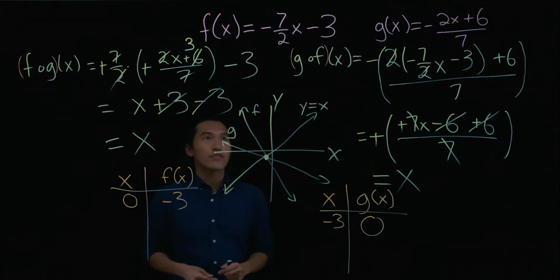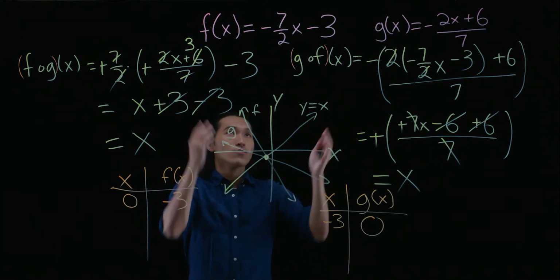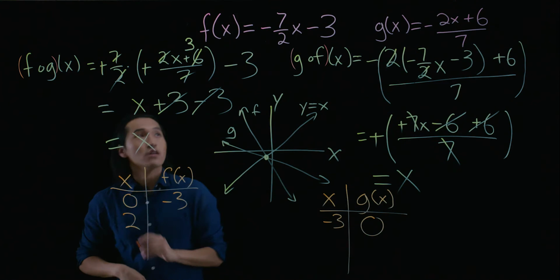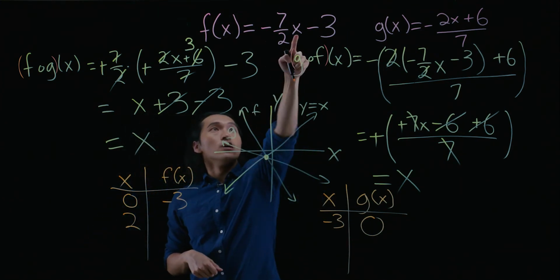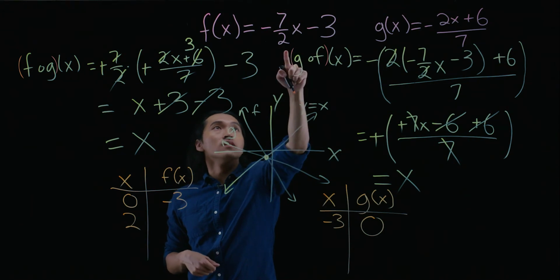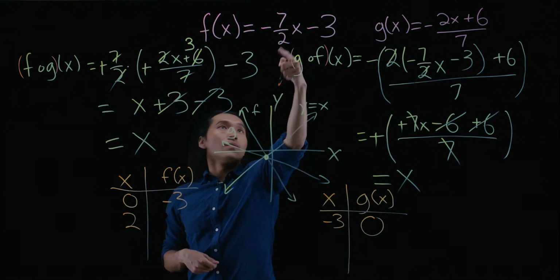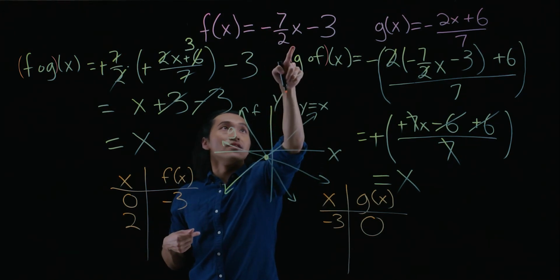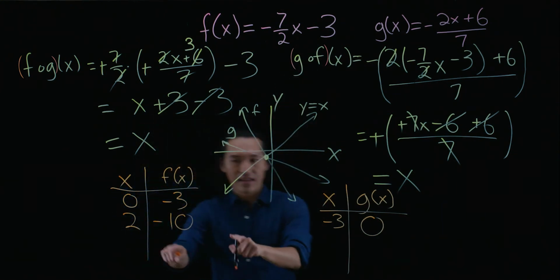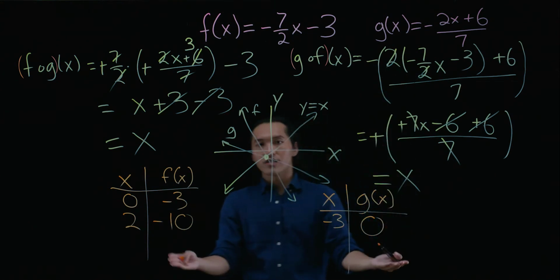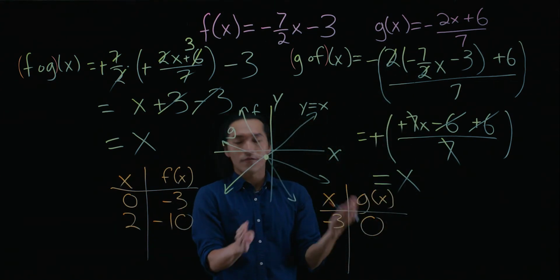And we could do this with a number of examples. We can plug in, let's say, a 2. If I plug in a 2 here, we get 2 in for x. We do 2 divided by 2. That's 1. 7 divided by 1 is negative 7. Negative 7 minus 3 gives us negative 10. So that means the same thing should happen here, but the flip-flop, the inverse, the reverse of that.